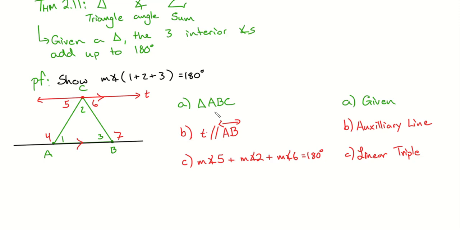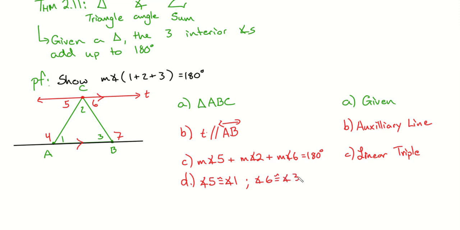Well, I have angle 2 in my proof now, but I don't have 1 or 3. Good. We can't use substitution yet because we haven't written anything to substitute. However, I do agree that angle 5 is congruent to angle 1, or if you'd rather, that the measure of angle 5 is equal to the measure of angle 1, and there's another pair that I could use: angle 6 is congruent to 3.